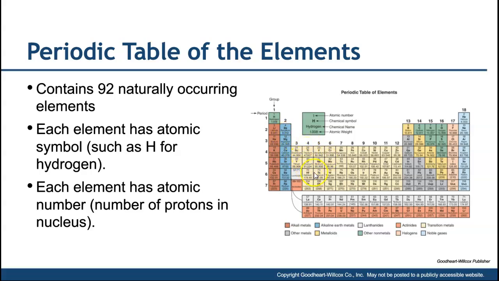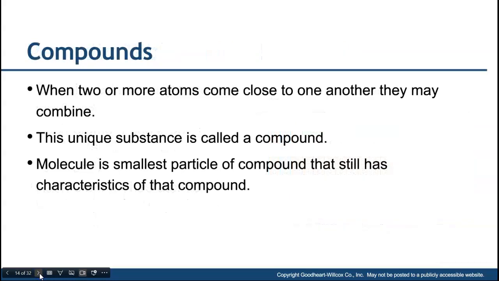We have all the metalloids in here. Then we get into lanthanides, actinides, halogens, noble gases at the very end here, and we have other numbers that are put in there as well. So pay attention to the chart. If you know how to read the chart, it can give you a lot of good information.